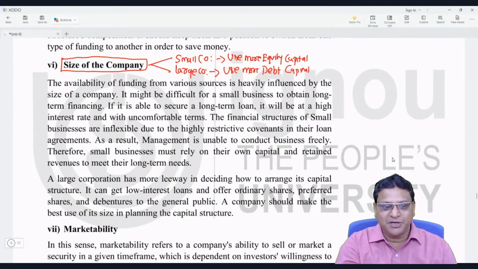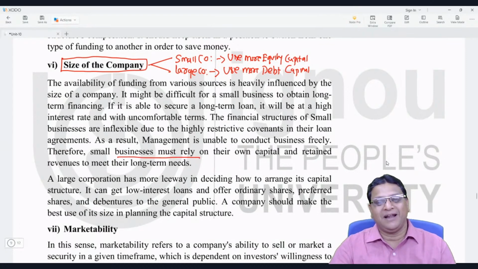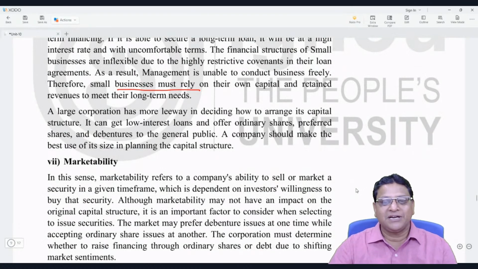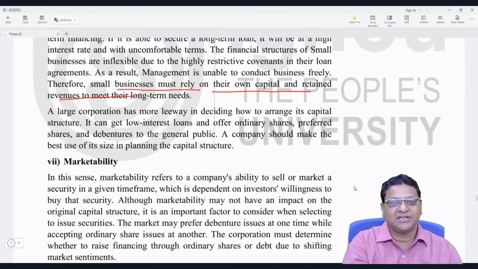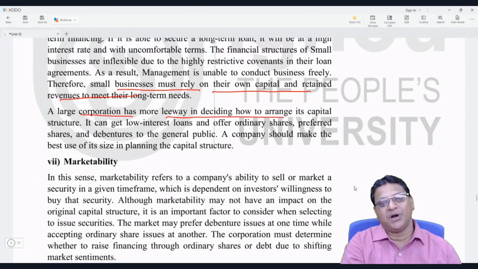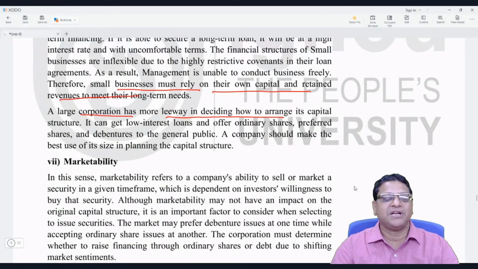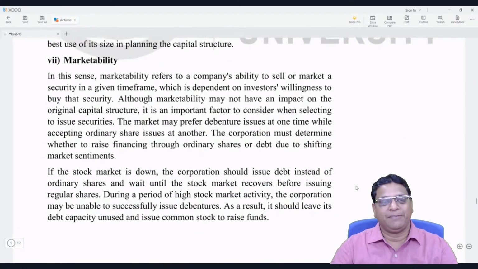Small companies rely on own capital and retained earnings, and large companies depend upon loan capital for designing their capital structure. A large corporation depends upon more loan capital, but a small corporation depends upon more own capital.